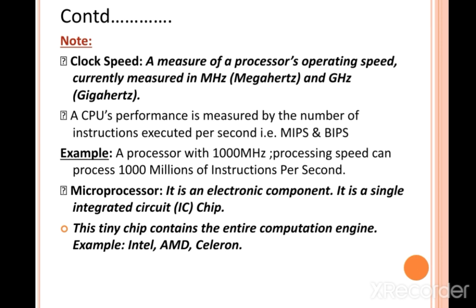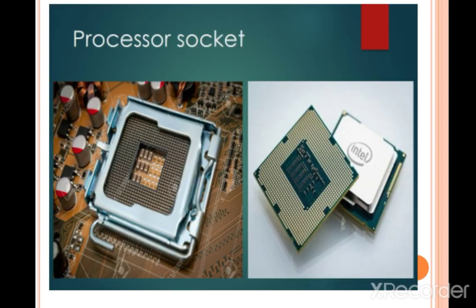In Windows operating system, you can see the processor name and clock frequency by selecting the system properties dialog box. For example, processors: Intel processor, AMD processor, Celeron processor. See, this is a processor socket.